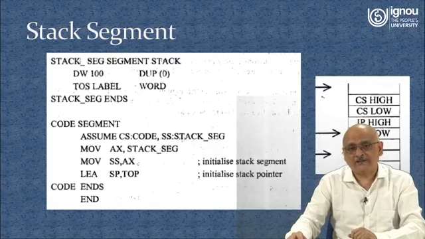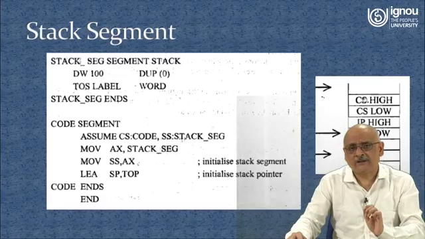Then one more word will be stored in the stack. Another important thing you need to learn: what this memory shows is a byte. This is one byte, this is another byte. However, when we are dealing with stacks, it is dealing with data words only.